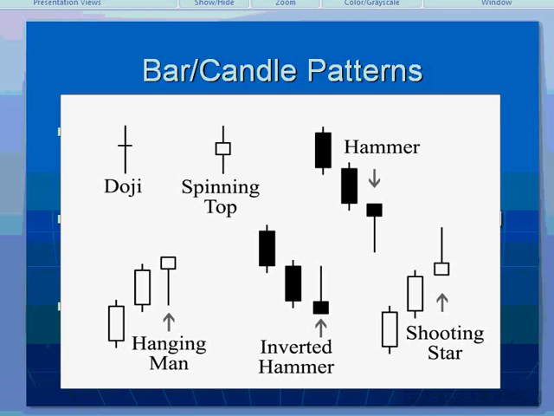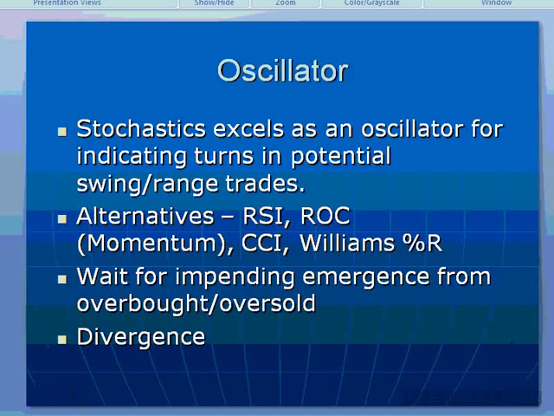Now, a lot of people will say that when an oscillator goes into overbought, at that point you should think about selling. For me, I don't think so, because if you take a look at any oscillator, price could be trending up for a long time, and the oscillator will stay within overbought territory for a long time. So it's really not good as an indicator in that respect.